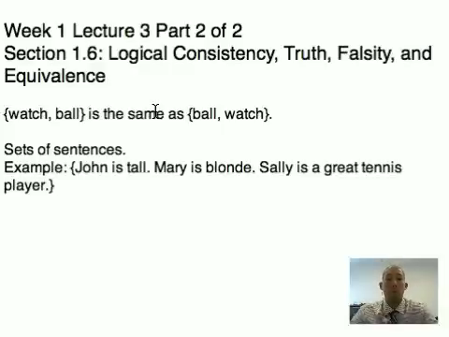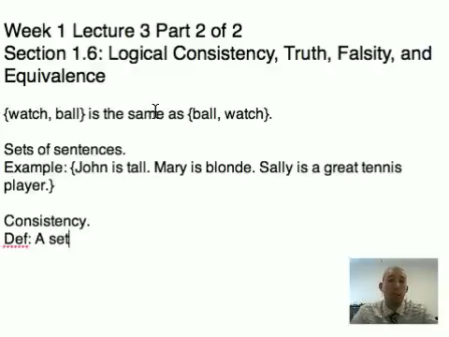So why do we want to use this? Well, there are certain properties of sets of sentences that we are interested in in logic. One of the first properties we're interested in is called consistency. We'll give this as a definition, and notice this is a property of a set of sentences, not of a sentence itself.